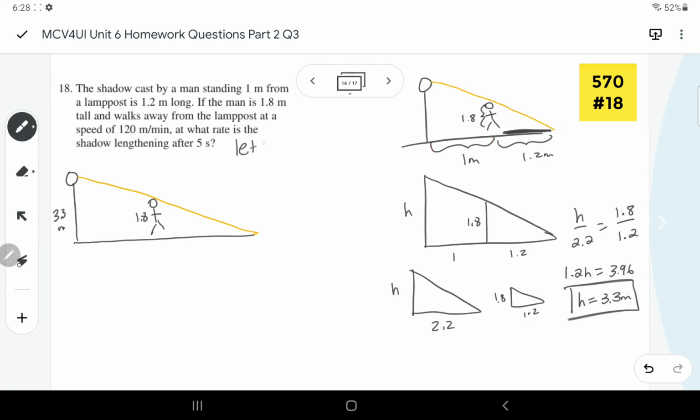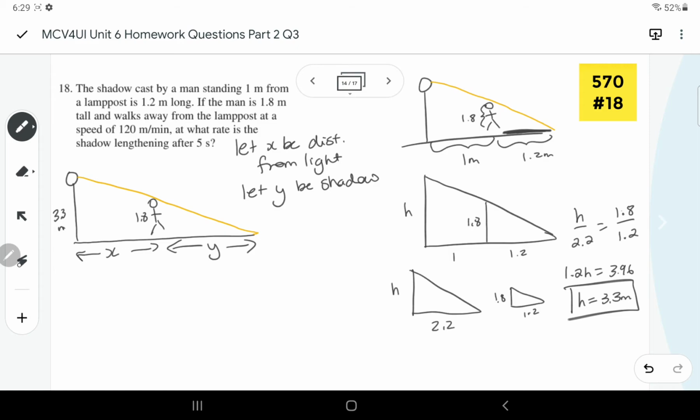So I might say let X be the distance from the light and let Y be his shadow. So I'm going to label in an X there and a Y.